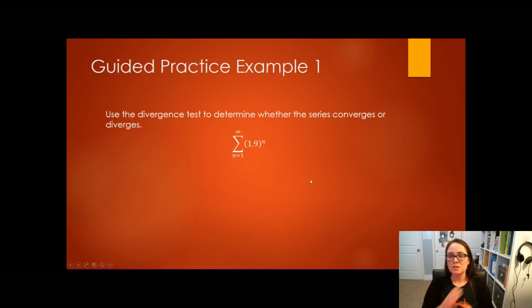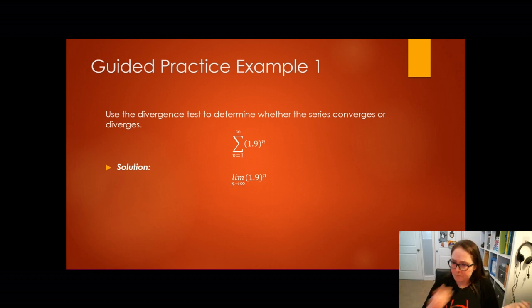I want to use the divergence test here to determine whether the series converges or diverges. And remember, the only result I can get from using this test is diverges. So what I'm going to do is set up that limit as n approaches infinity of the nth term, which is 1.9 to the nth power. Then I evaluate the limit, and I hope that I get something other than 0 here.